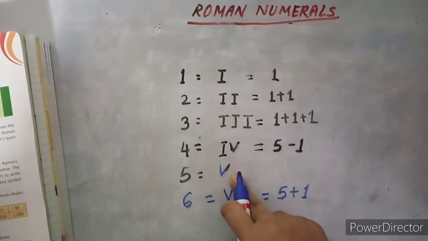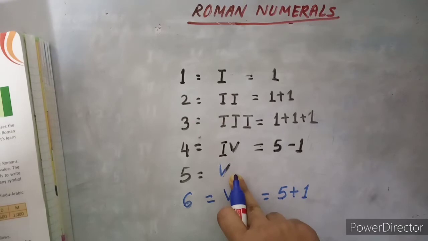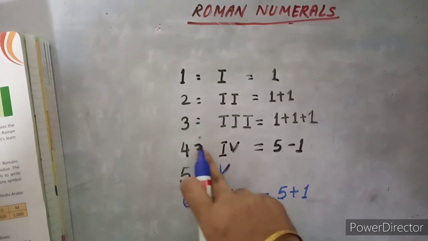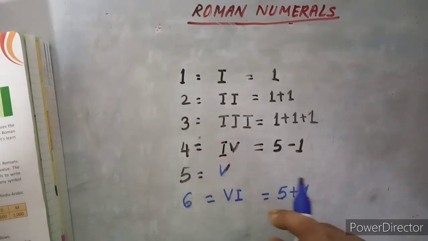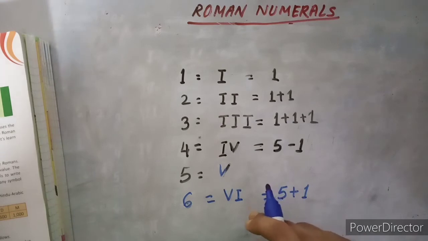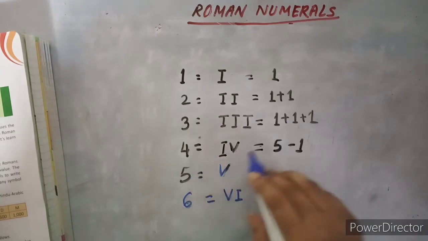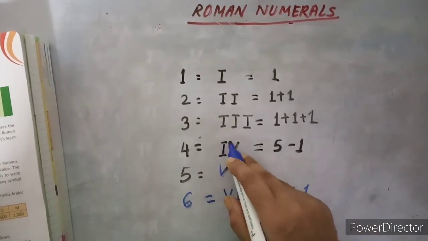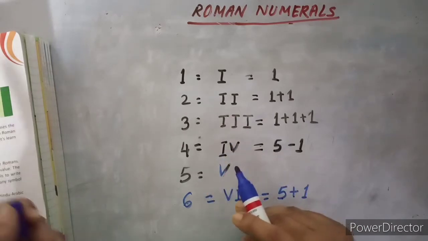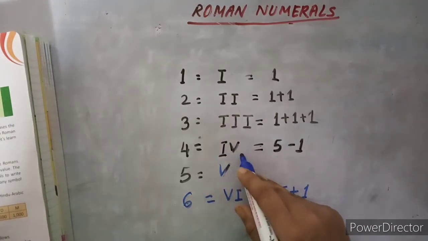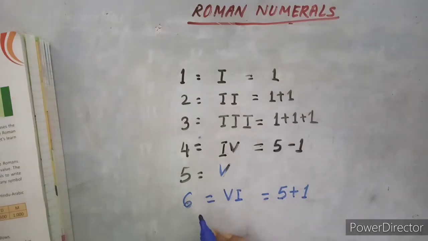Okay, so whenever the number is closer to your standard symbol, you have to see whether it is a small number or big number. If it is a small number, then what you should do? You have to write the symbol on the left side of the standard symbol, and if you have more than that standard number, then you are going to what?